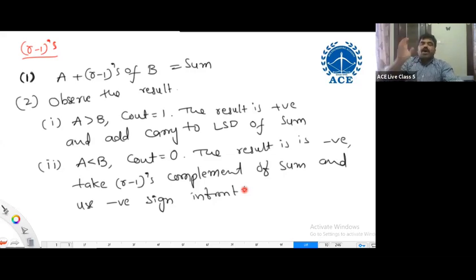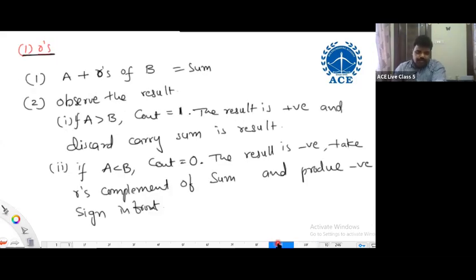But for positive result, in these two cases, final carry out is 1. But in R's complement method, discarding carry, in R minus 1's complement method, adding carry to least significant digit of sum. That is procedure. Right?